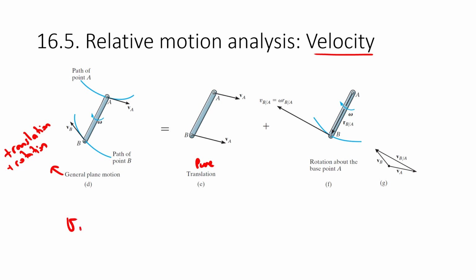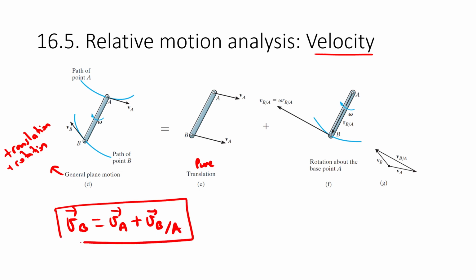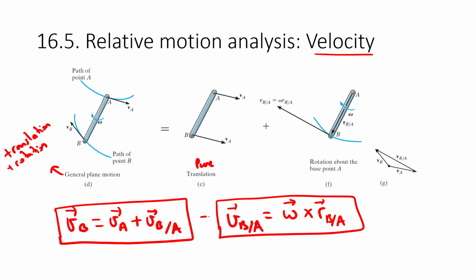One is the velocity of B will be equal to velocity of A plus the velocity of B with respect to A, and we will use the velocity of B with respect to A is equal to omega into r of B with respect to A. And that r of B with respect to A is the distance from A to B, we can say.